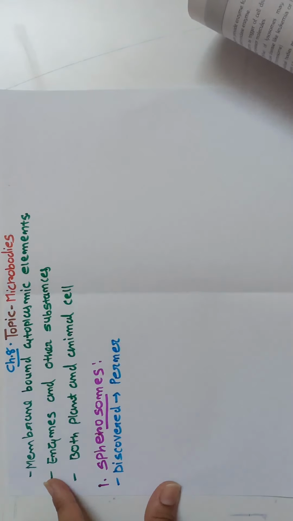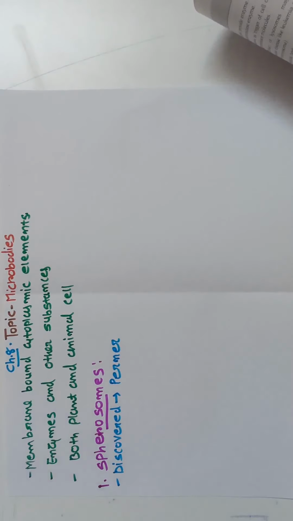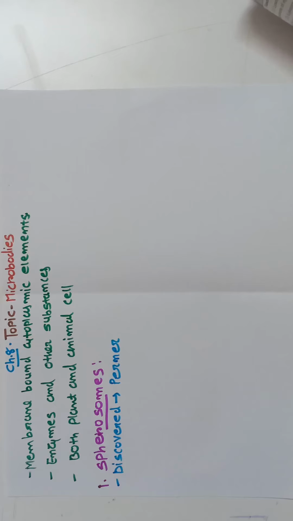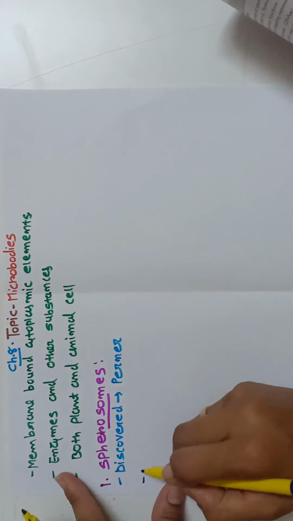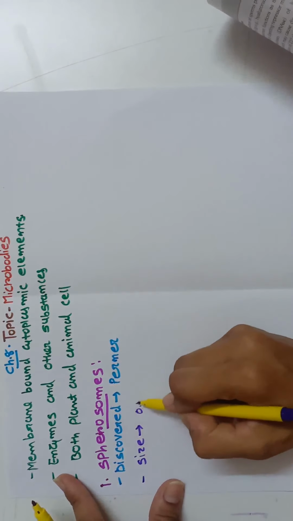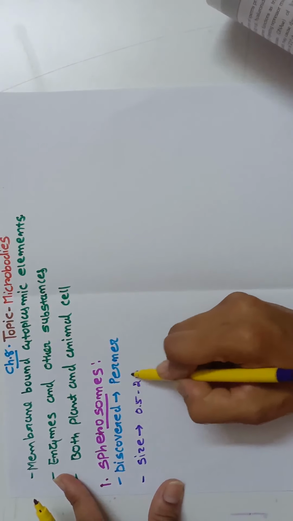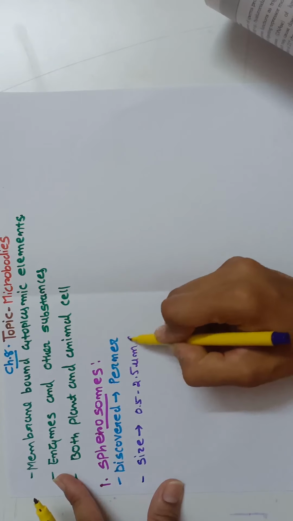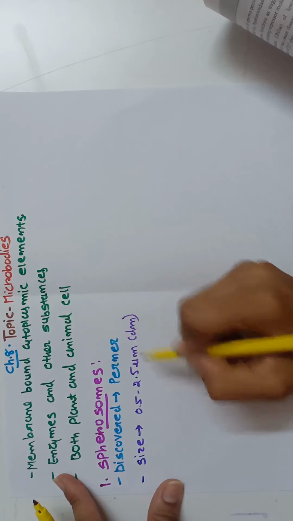It is found in all plant cells and animal cells. It is also observed in storage of lipids. The size of a spherosome is 0.5 to 2.5 micrometer in diameter.